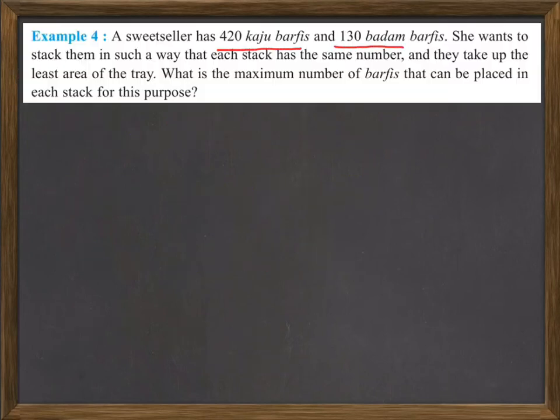Let's try this problem. A sweet seller has 420 Kaju Barfis and 130 Badam Barfis. She wants to stack them in such a way that each stack has the same number and they take up the least area of the tray. What is the maximum number of barfis that can be placed in each stack for this purpose? So we need to, in other words, find out what is the HCF of 420 and 130.